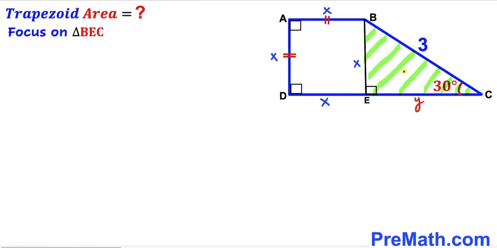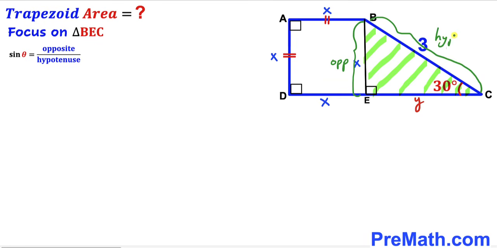Now let's focus on this right triangle BEC, and let's recall this famous trigonometric ratio. Sine of theta is always equal to the opposite side divided by the hypotenuse. For this angle 30 degrees, this side BE is our opposite side, whereas this BC is our hypotenuse.